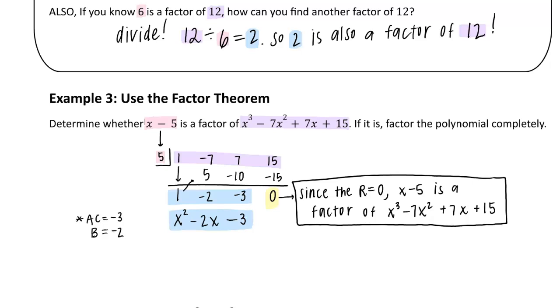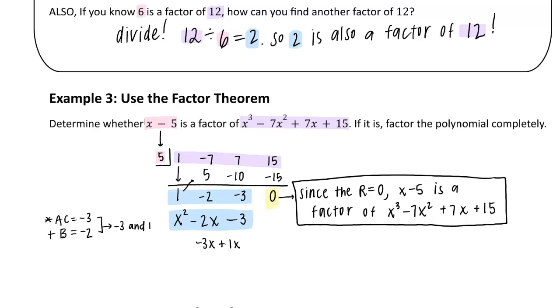Remember, you have to come up with numbers that multiply up to AC and add up to b. So think, what can multiply up to negative 3 and add up to negative 2? Those two numbers are negative 3 and positive 1. With the AC method, you can split up the middle term. We could make it negative 3x and positive 1x instead of negative 2x.